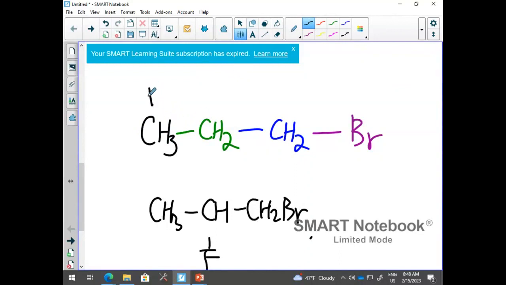How many lines will the CH3 protons be split into? Count the number of vicinal protons, meaning protons on the neighboring carbon. How many vicinal protons do the CH3 protons have?